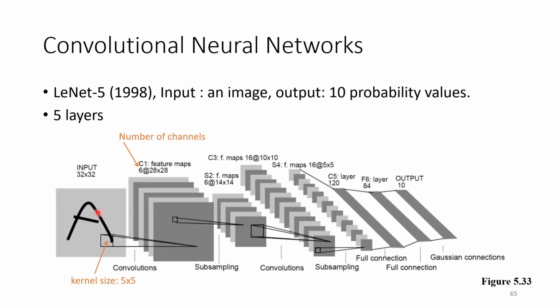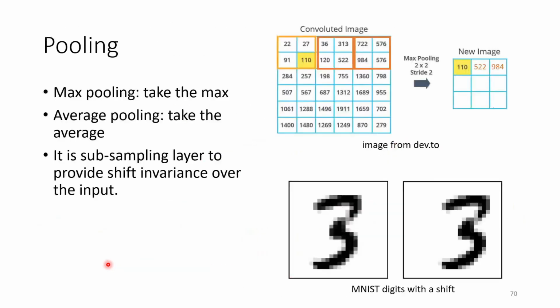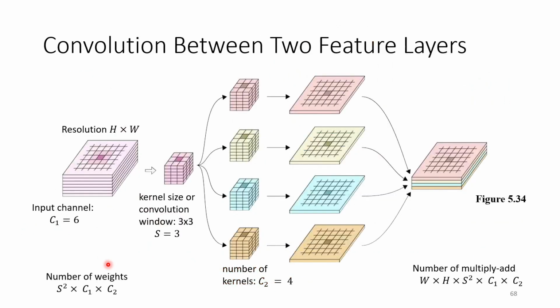Let's see here. The input is a grayscale image. The number of channels is just one. It's height, width, and grayscale. And if this is a color image, there are three channels: green, blue, and red.